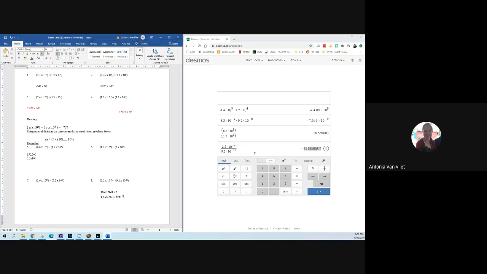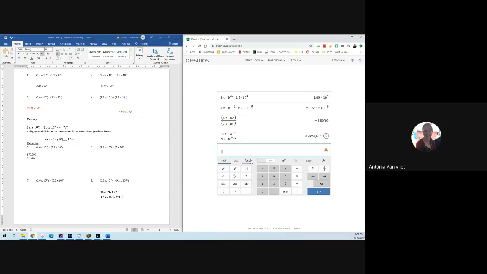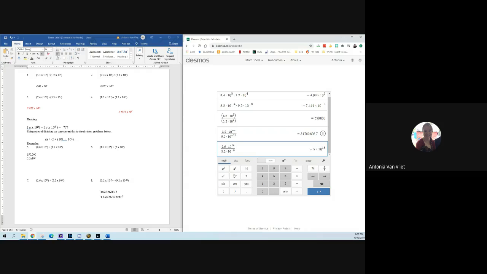Okay, let's do one more because that one turned out a bit on the funny side. So let's take a look at doing number 7. So again, that has a negative in it, which is always a little bit more interesting. So we'd have 2.6 times 10 to the 14th divided by 5.2 times 10 to the negative 5.